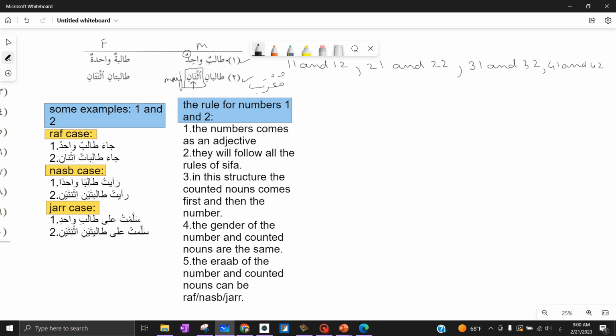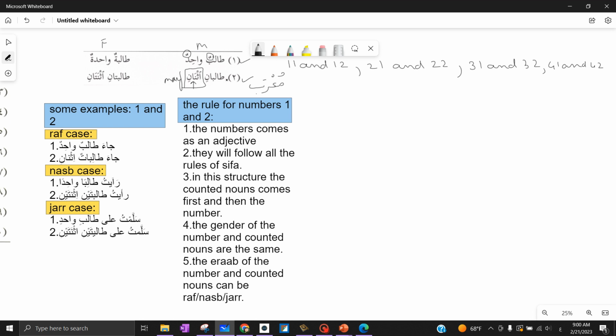Now, in case of talibun wahidun, it is a singular noun, and we know that in all three cases it can change the haraka from talibun to taliban, taliban to talibin. But in muthanna case, how will you know?